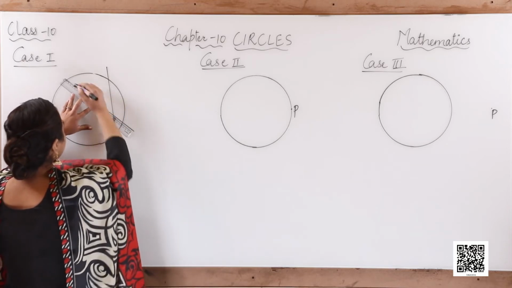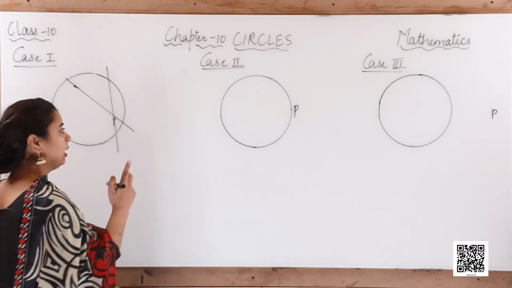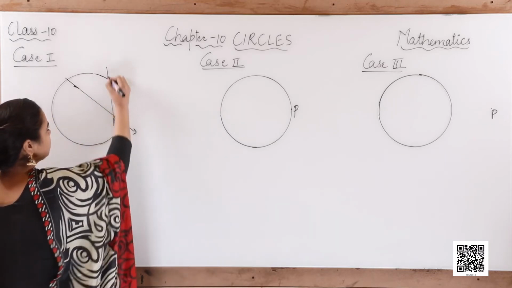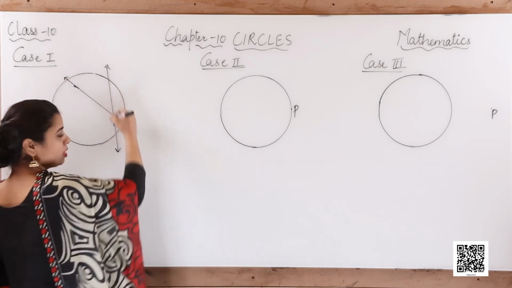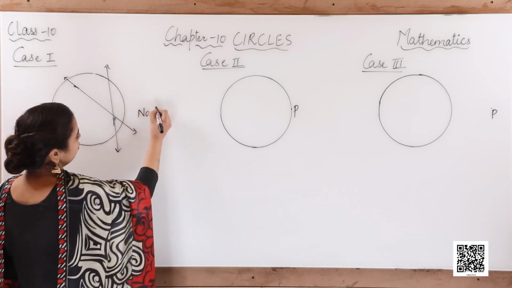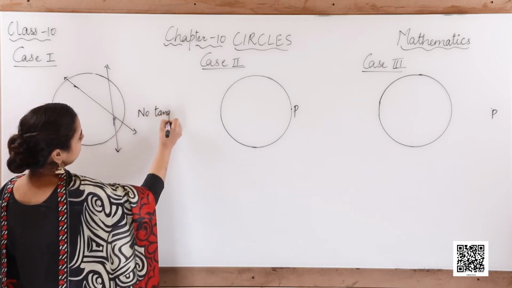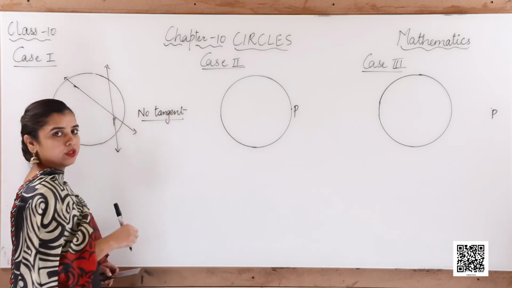You will find that all these lines, they are cutting the circle at more than one point, that is 2 points. So clearly it is not a tangent, it is a secant. So there is no tangent which passes through point P if point P is in the interior of the circle.